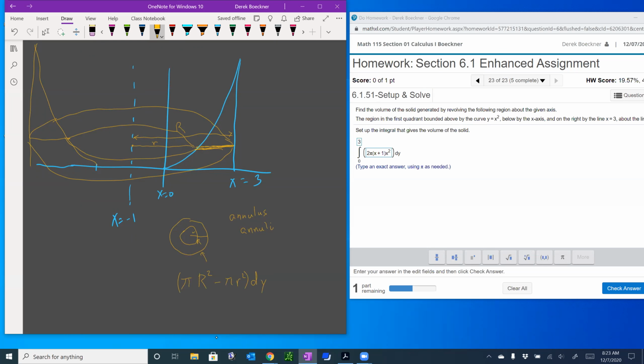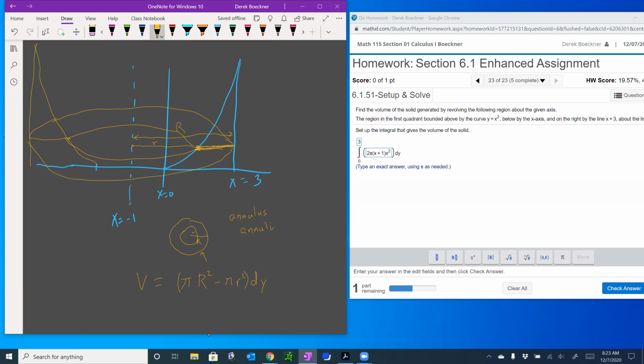And then these are dy thick, so the volume of one of these washers or annulus is going to be that formula. So I have to figure out what capital R and little r are.